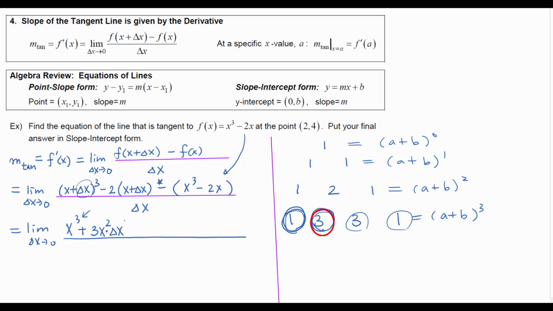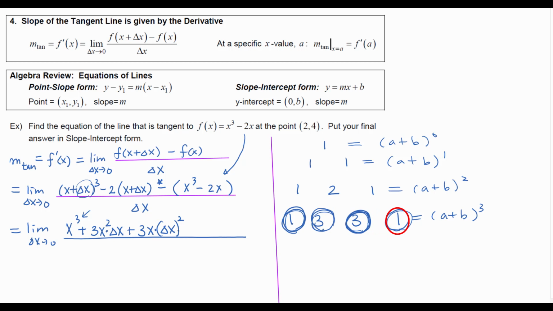So it will be 3x squared delta x. This is the next coefficient of your binomial expansion. So that's 3 times. You're going to lose again an x, but now you're going to gain one more factor of delta x. So that will be 3x times delta x squared. The last coefficient of the binomial expansion is 1.